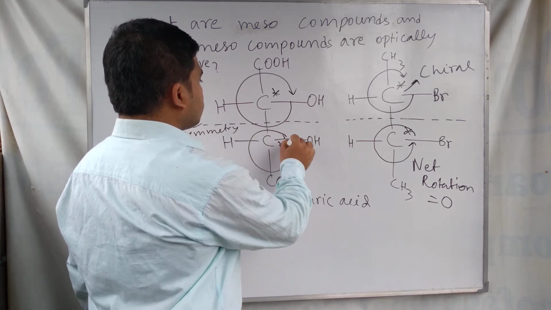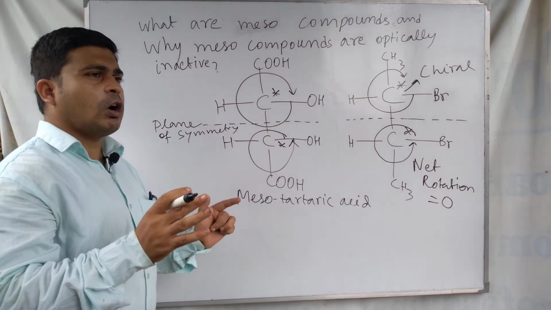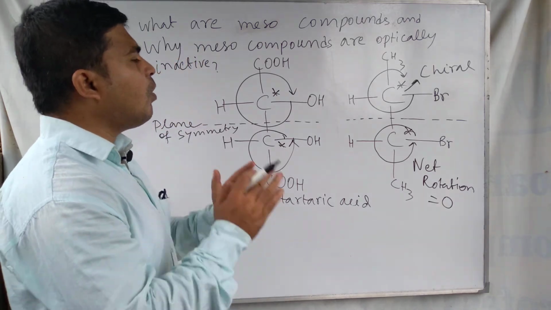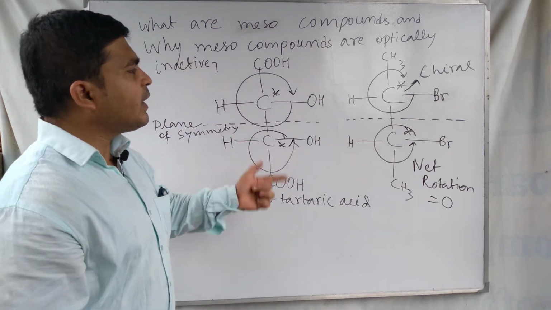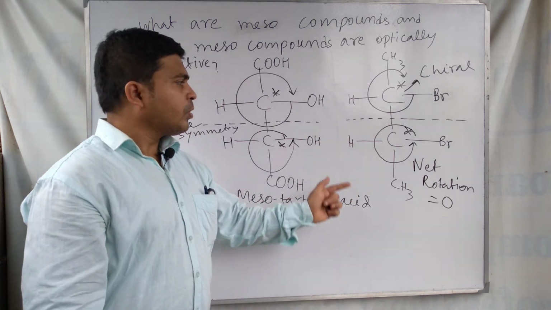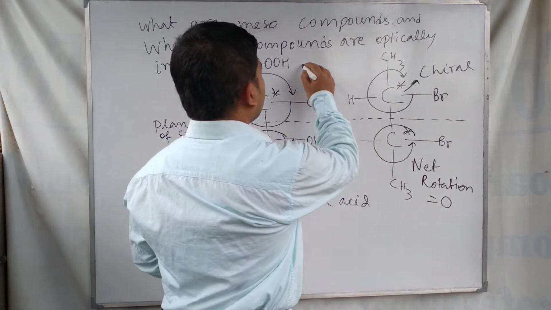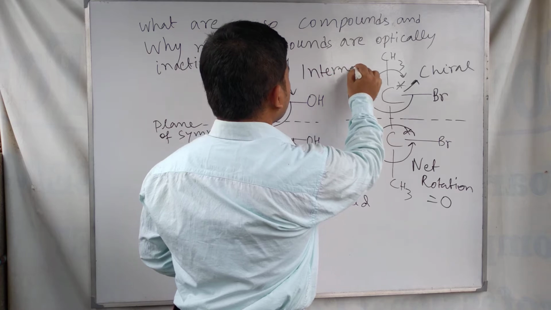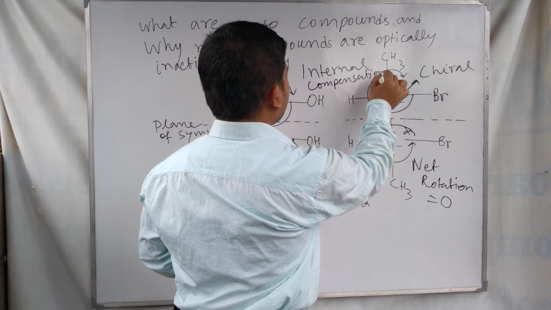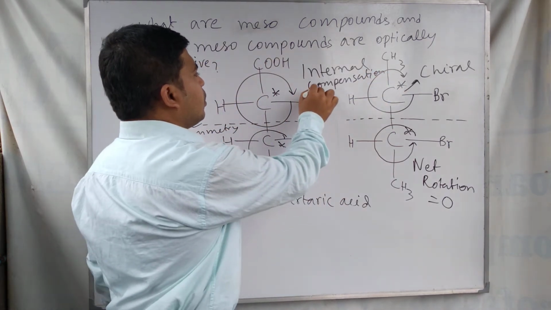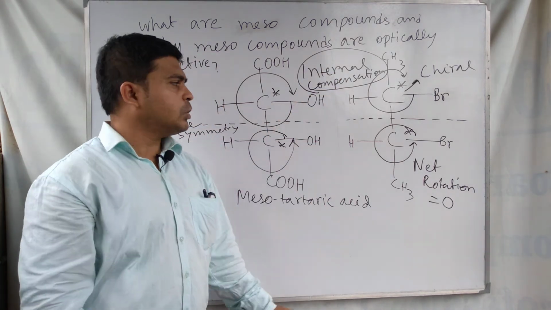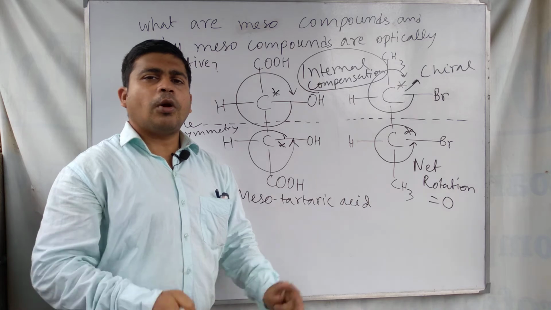As a result, the molecule overall has no optical rotation due to the cancellation of the optical rotation, and this cancellation is called internal compensation. Due to the internal compensation, in the case of a meso compound, the molecule is optically inactive.